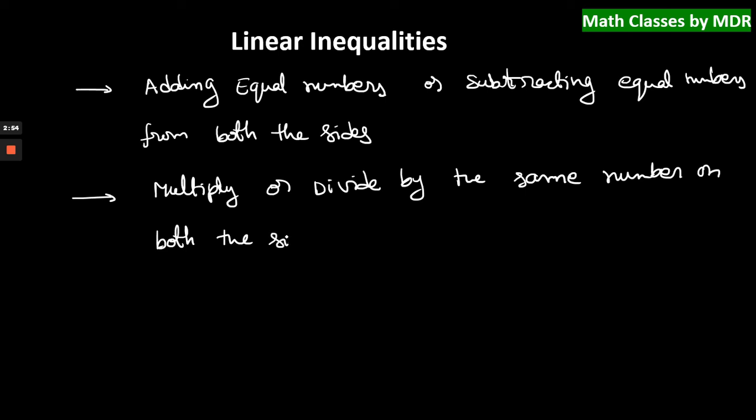Here also we do the same thing. You can add equal numbers on both the sides, or subtract equal numbers from both the sides. Similarly, we can multiply and divide by the same non-zero number on both the sides.